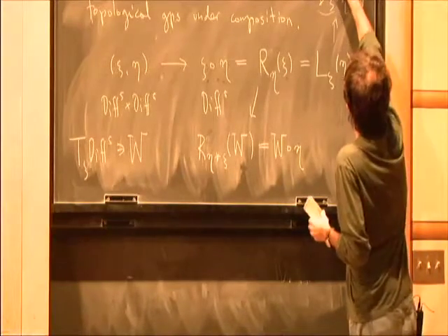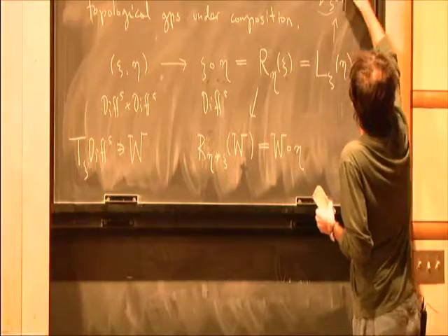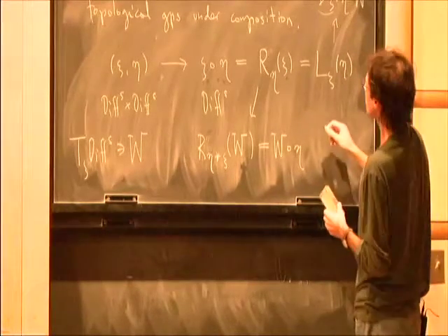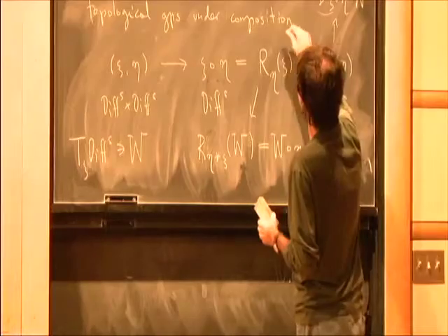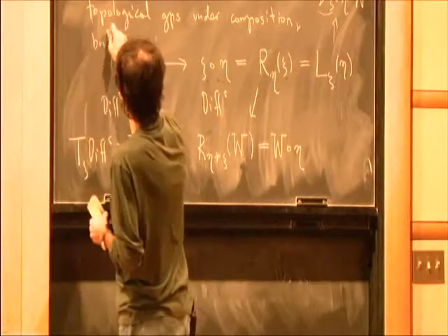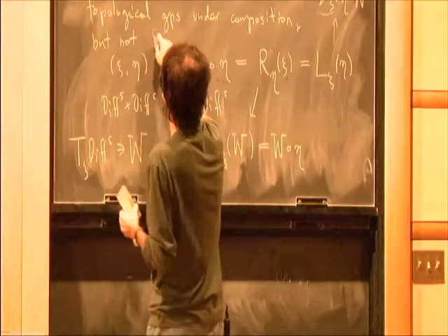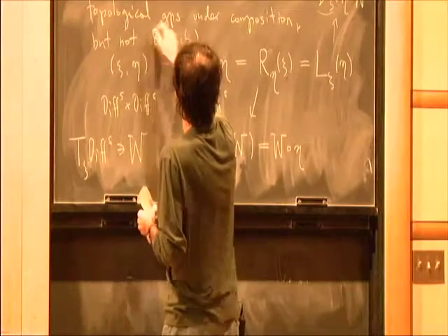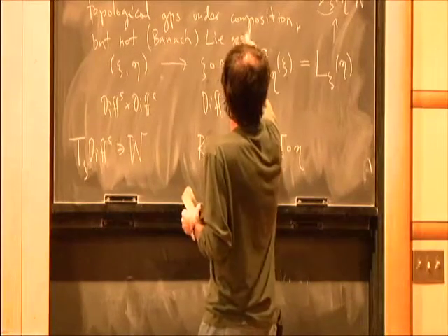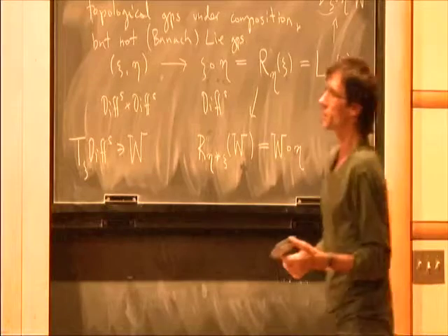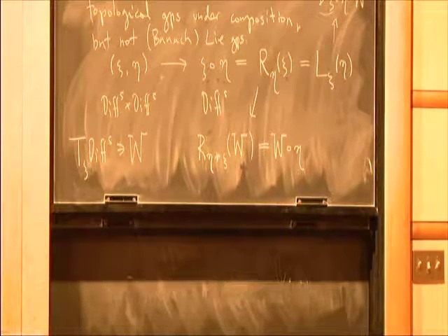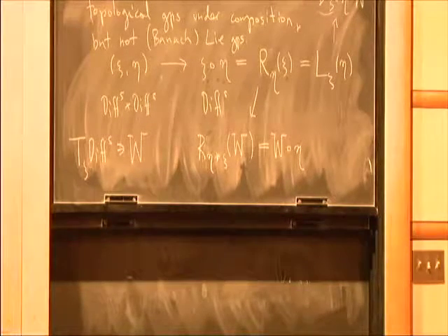Because of this derivative loss, we conclude that they are groups under composition, but not Lie groups, not Banach Lie groups. However, with respect to right translations, things are fine, so we'll use right translations.